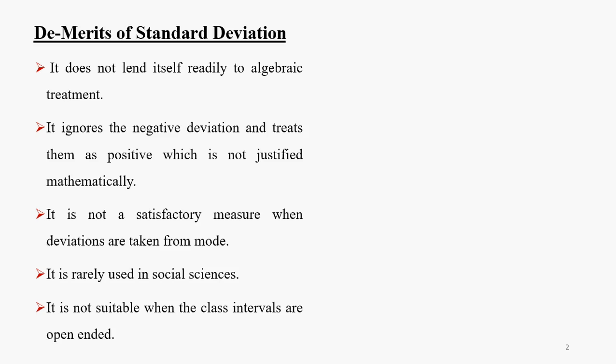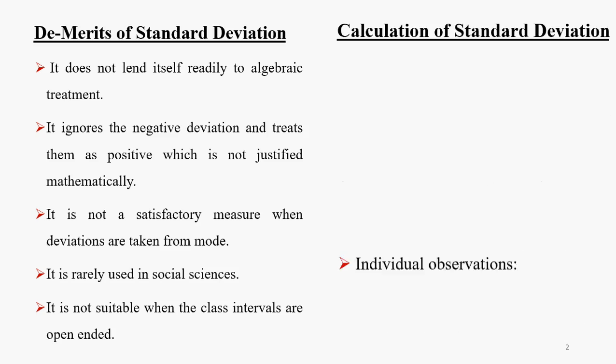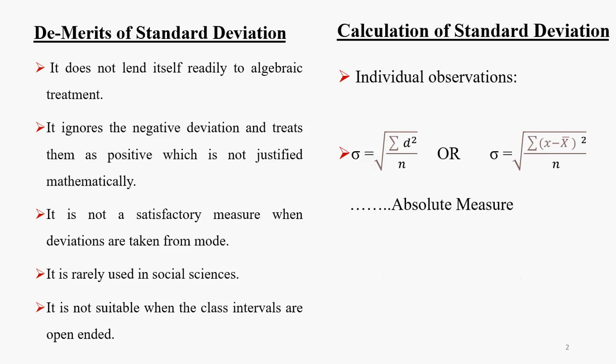Let us understand how to calculate standard deviation. It is very simple with regard to individual observations. Standard deviation, the symbol sigma, is equal to the square root of sigma d square divided by n. Or we also have another formula: the square root of sigma (x minus x dash) whole square divided by n.